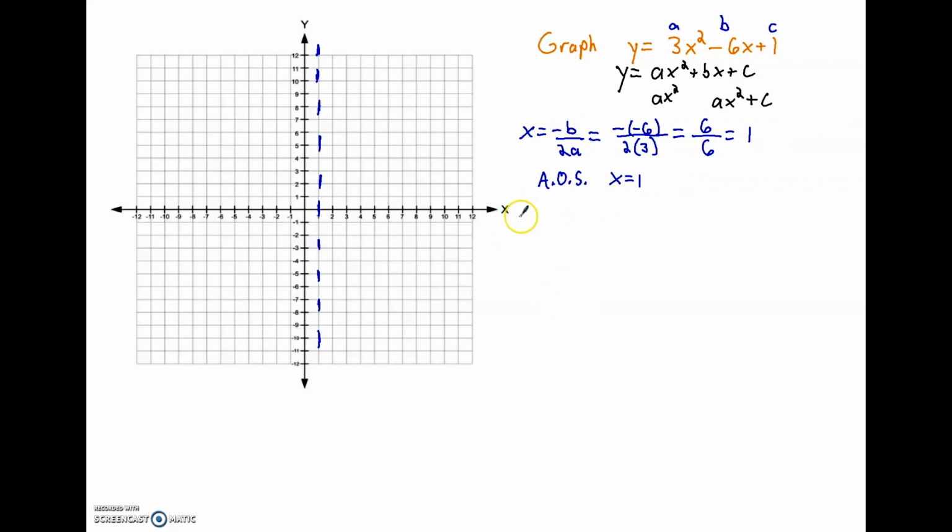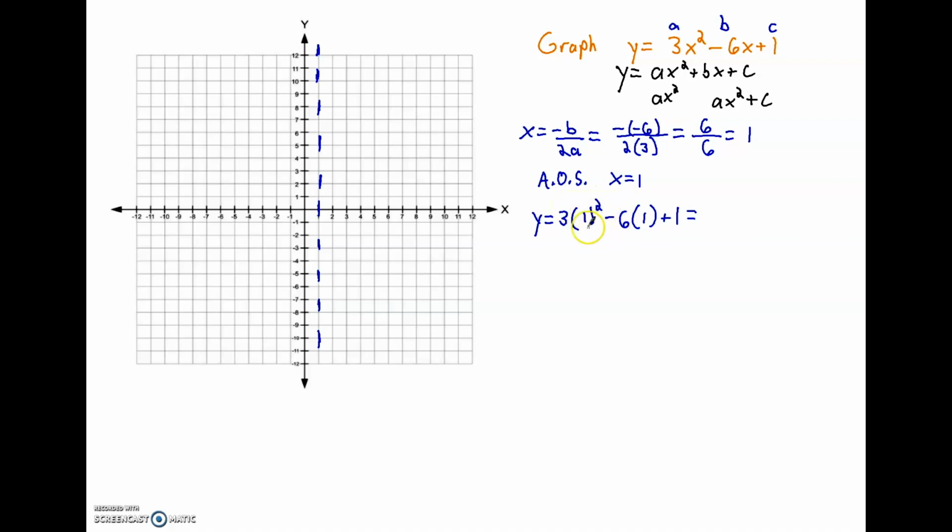Now we want to find the vertex. To find the y value of the vertex, we already have the x value. I plug this x value into the function, no different than before. So the y value of the vertex will be 3 times 1 squared, minus 6 times 1, plus 1. Now just do your order of operations, take your time, or if you're lucky to use a calculator, you can do that.